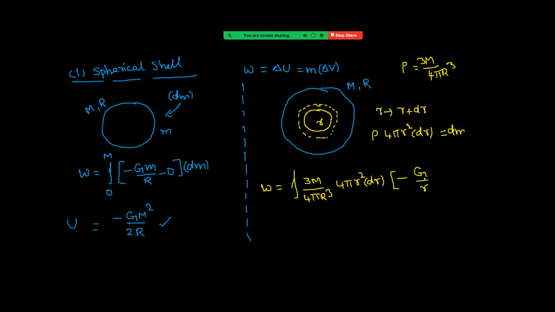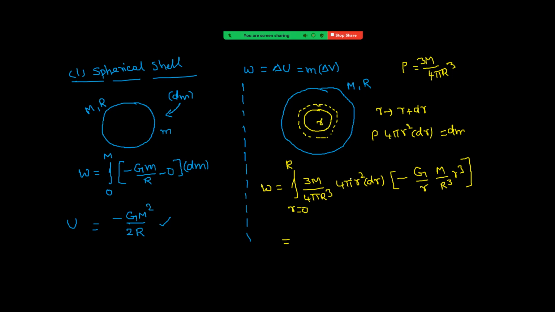In the place of small m, I can write capital M by R cube into small r cube, since small m is M by 4 by 3 pi R cube into 4 by 3 pi r cube. Here 4 by 3 pi R cube cancels. Now like this, we have to increase the radius from 0 up to capital R.